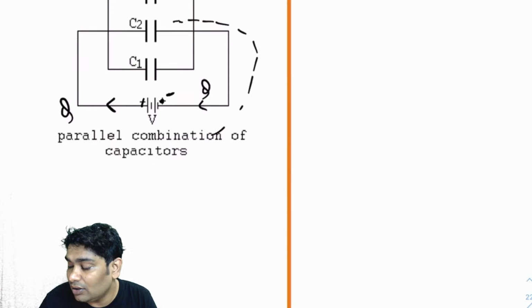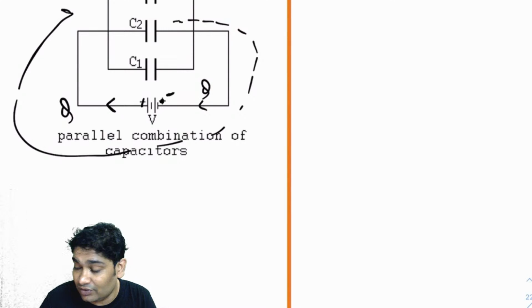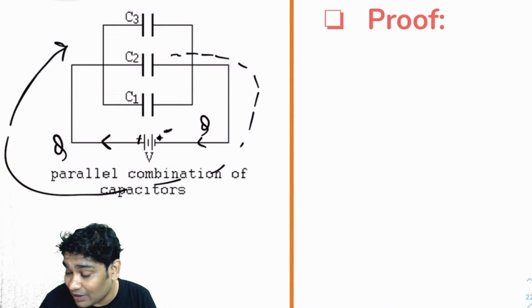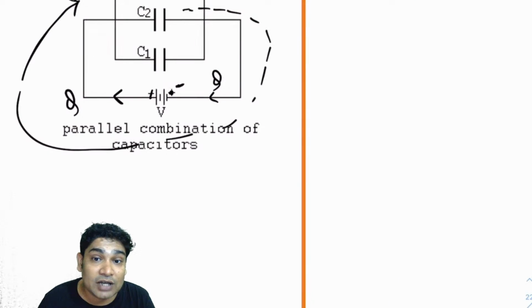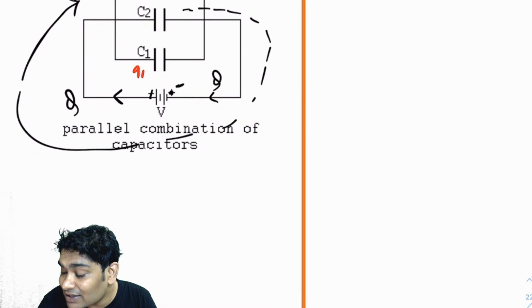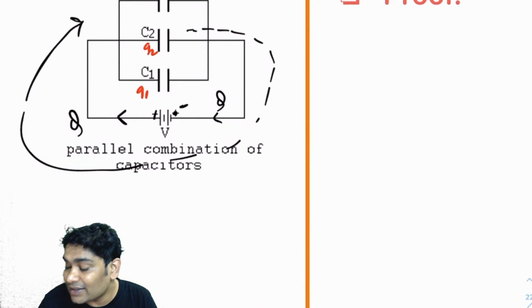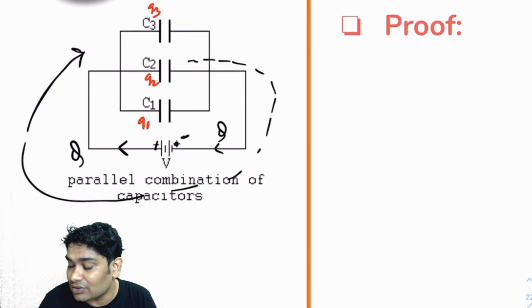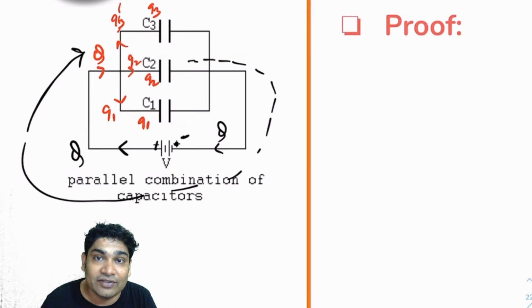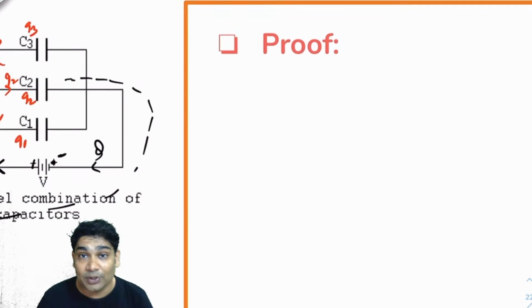Now let's imagine that the charge that this guy is getting is plus Q. So total Q amount of charge flows from the battery, out of which let's say Q1 gets here, Q2 gets here, and Q3 gets here. So Q getting here gets divided into Q1, Q2, and so on, and maybe even if there were others. Alright, so I hope you can see that.